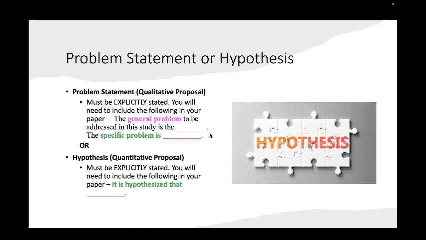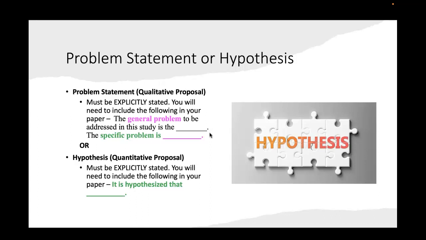For the problem statement for your qualitative proposal, you must explicitly state it. What I will be looking for when I grade is a statement such as, the general problem to be addressed in this study is blank, and the specific problem is. Or something like, the problem statement for this particular study.